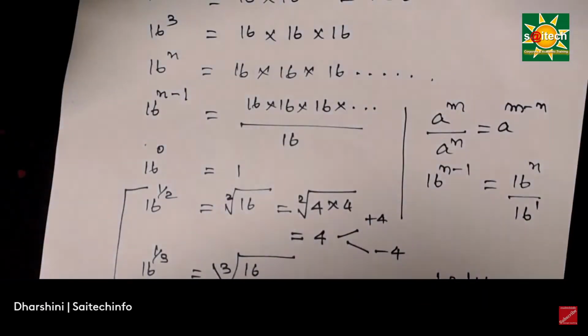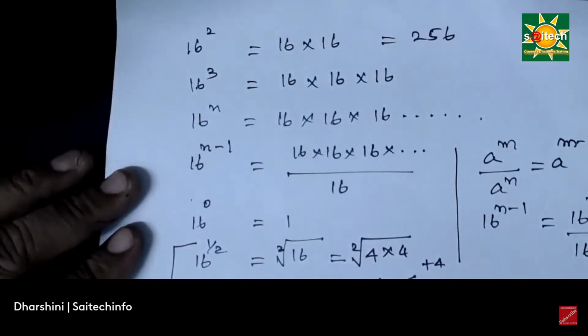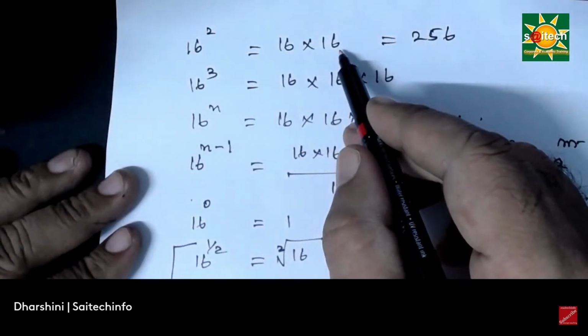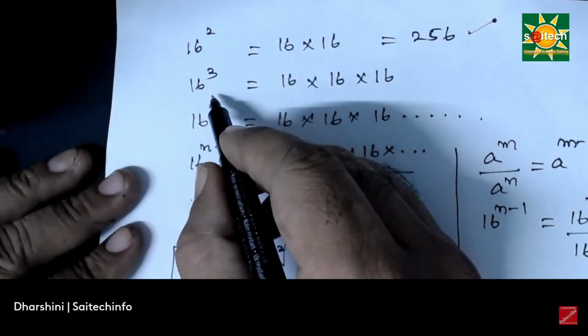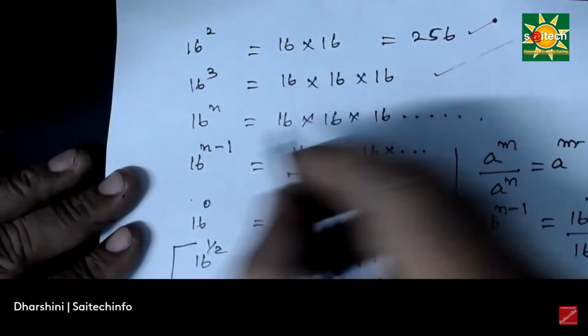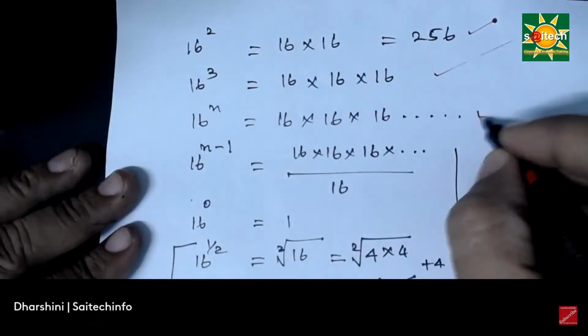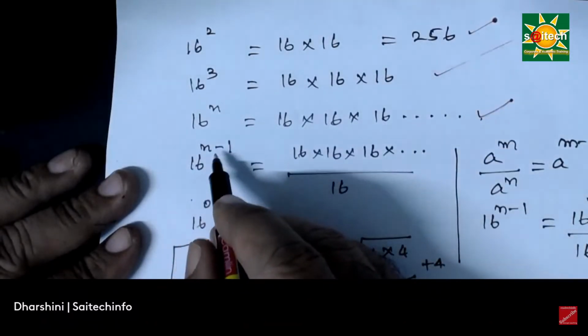Right. Now let us proceed. Let us consider 16 squared. We know very well 16 squared is equal to 16 into 16, that is 256. 16 cube means 16 into 16 into 16. It goes to 16 power n, so 16 into 16 into 16, n times. Then 16 power n minus 1 means what?